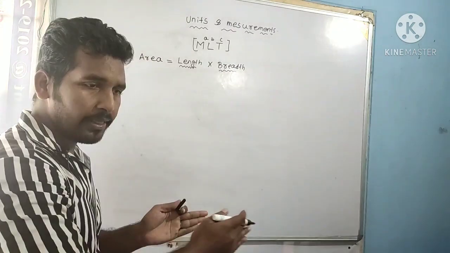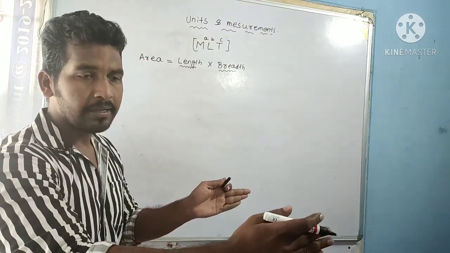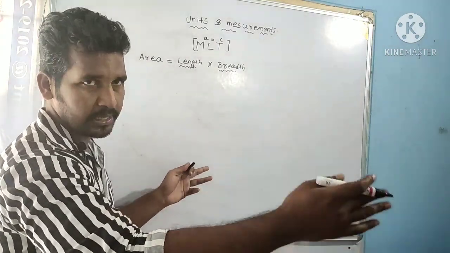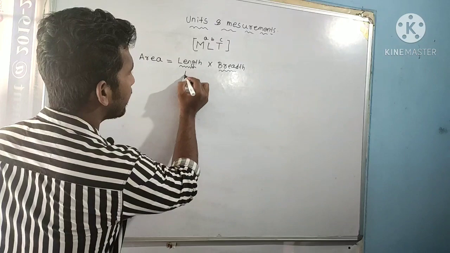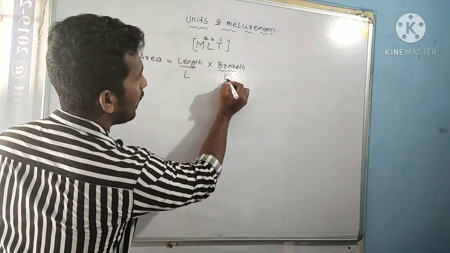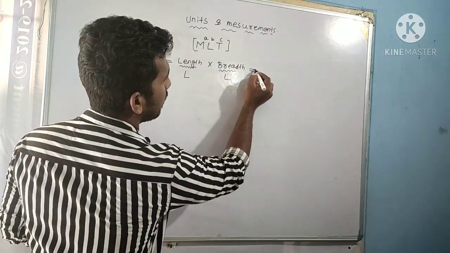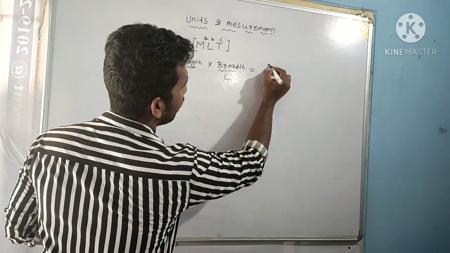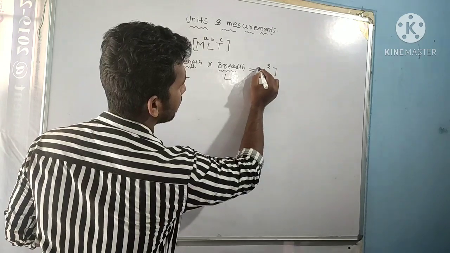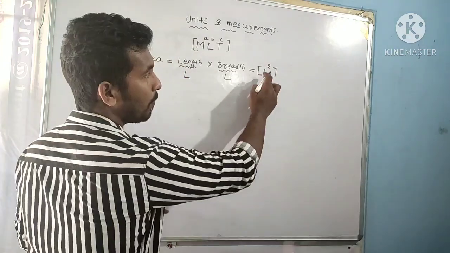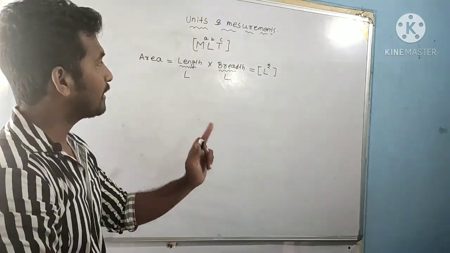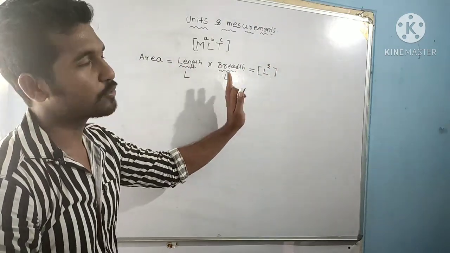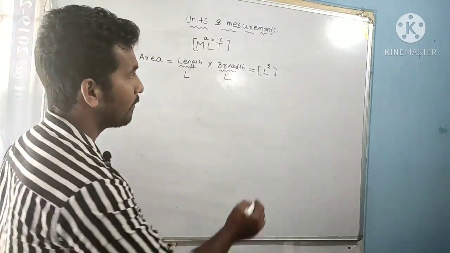Length is a length, breadth is also a length, so we can take it L. So this is L into L, L to the power 2 in a square bracket. So proper power केते रहिला 2. ता माने एरिया रो डायमेंशन फार्मूला होची L to the power 2 within a square bracket.